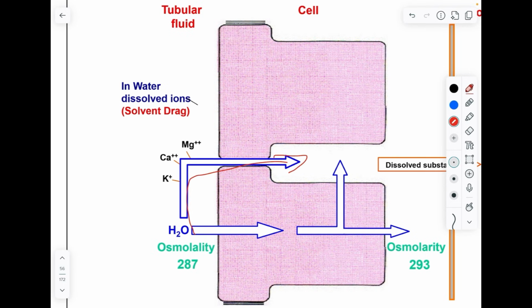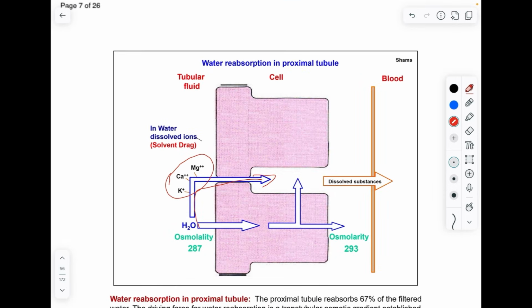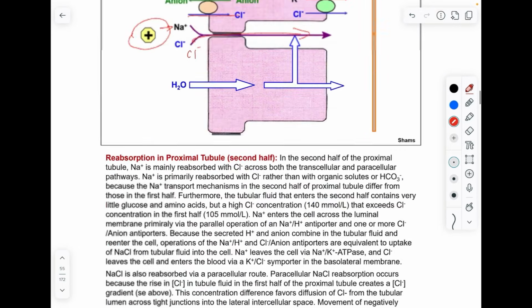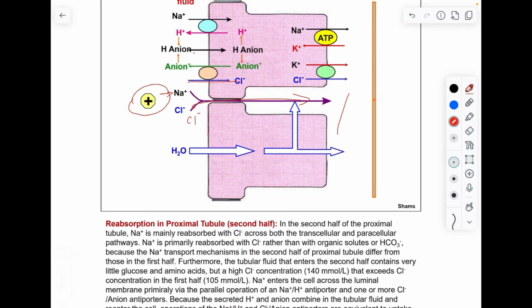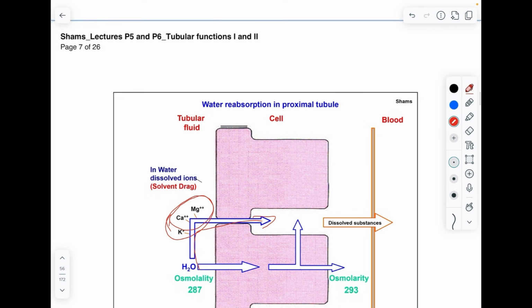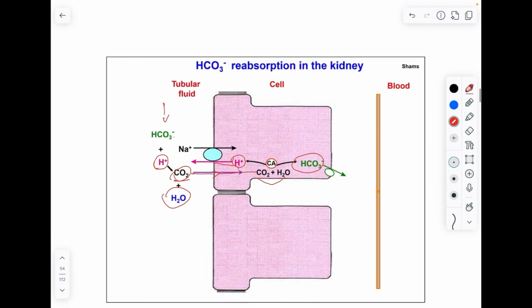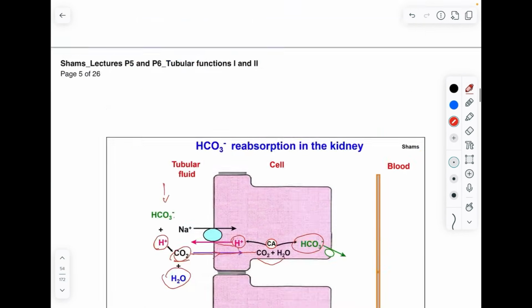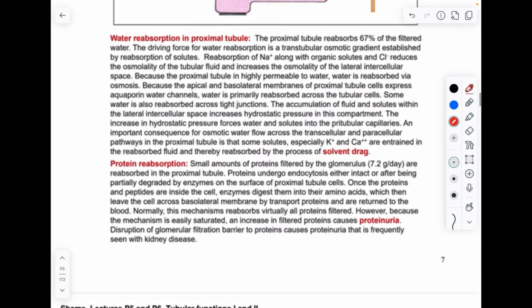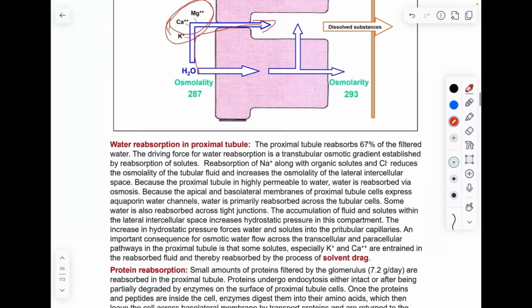So it's going like this, and it sees a magnesium ion and takes it with it, a potassium ion and takes it with it. These guys are what you should remember, and that's all over the proximal tubule, by the way. So here, when we have water reabsorption, we had the same thing in the first half as well. It's just mentioned in its own slide.